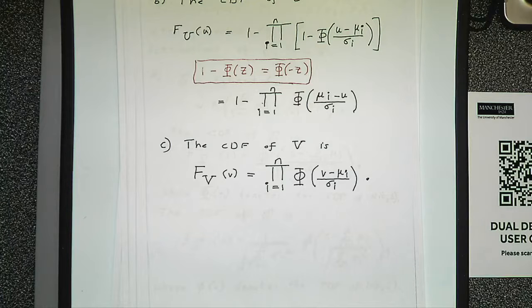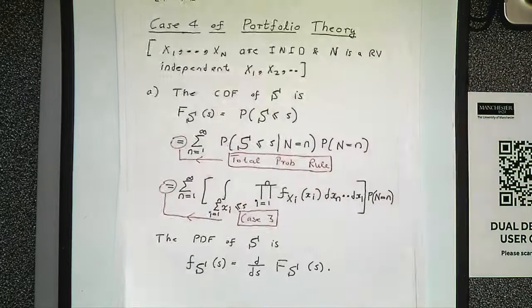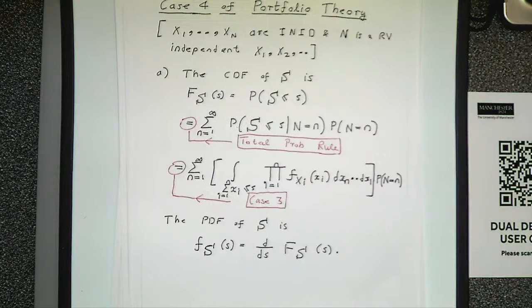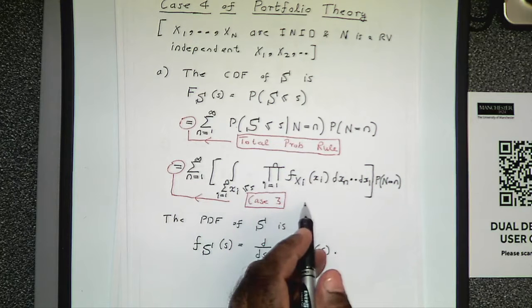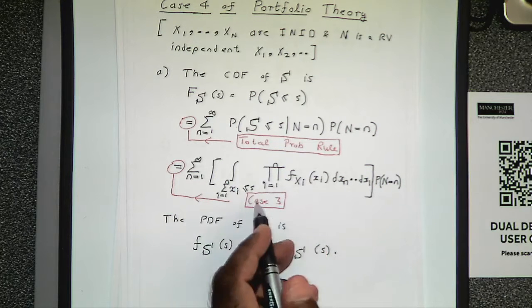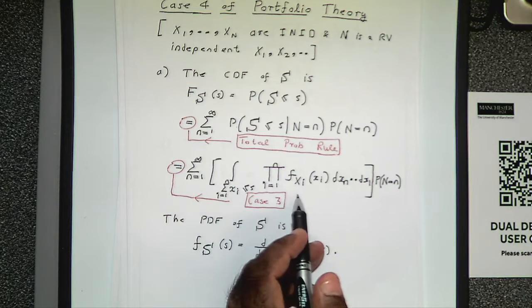All right. So the next case I'm going to consider is case number 4. Case number 4 is where the losses are INID and the number of investments is a random variable. In this case, the CDF of S, the total portfolio loss, is given by this formula here. Again, I don't expect you to know the proof, but you should know how to apply this formula.